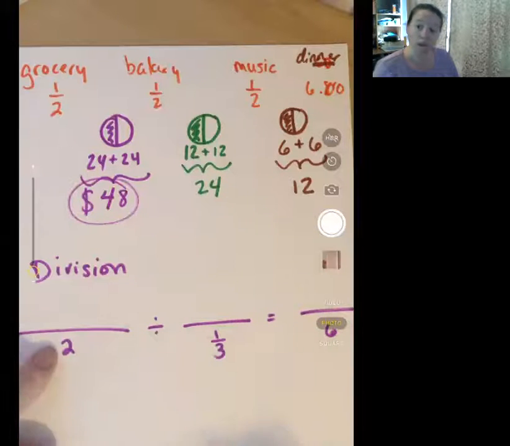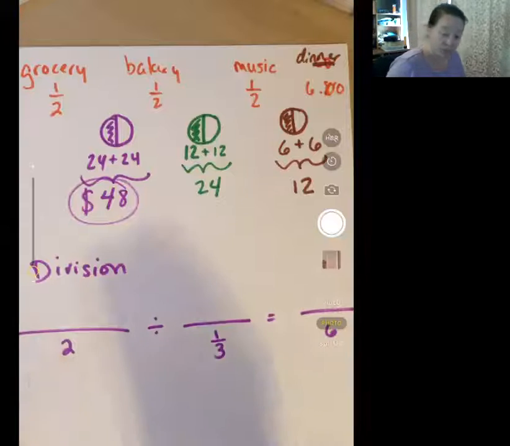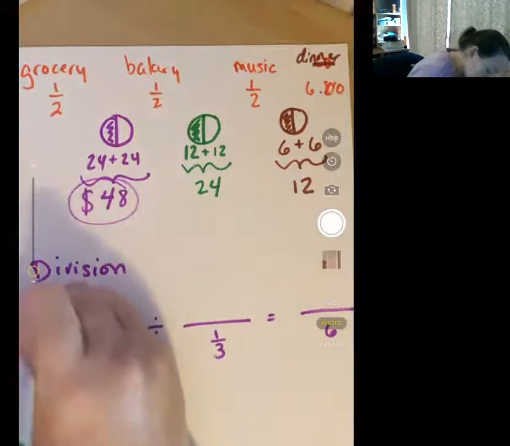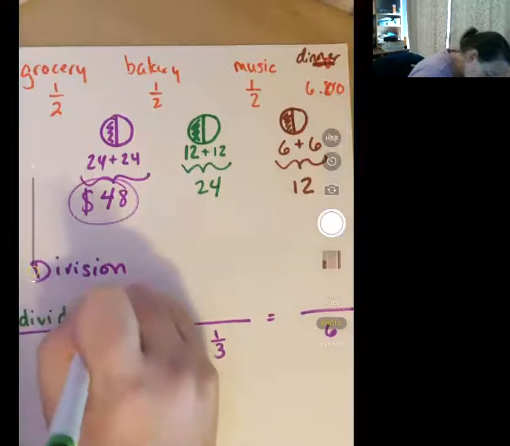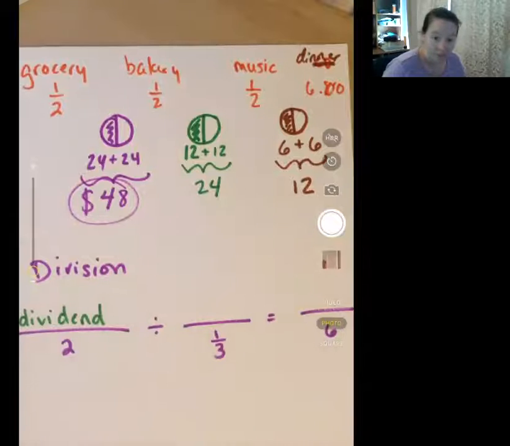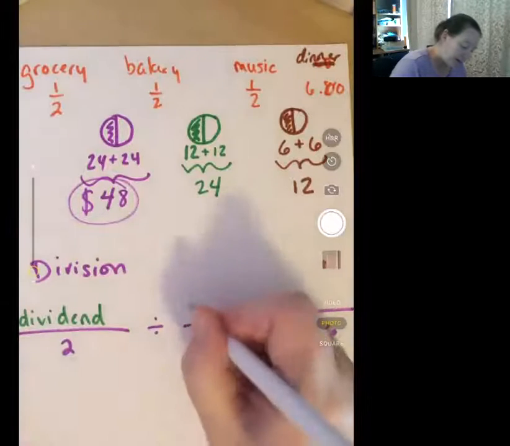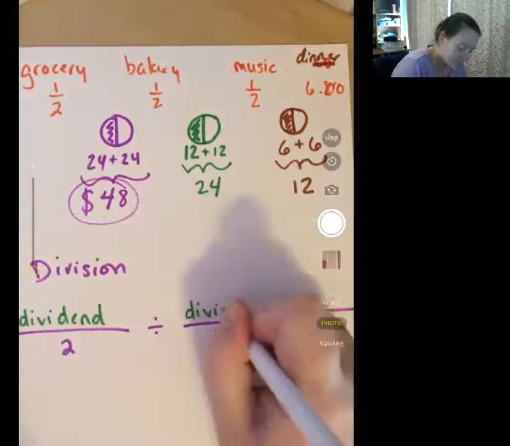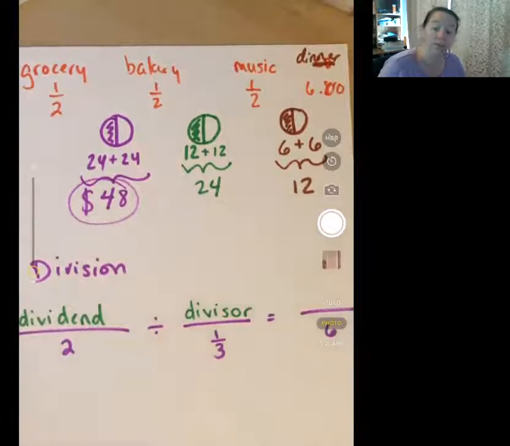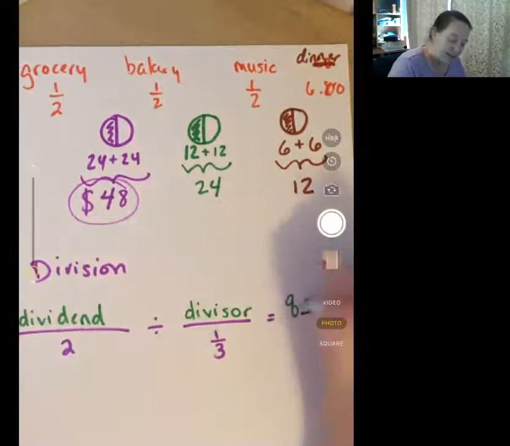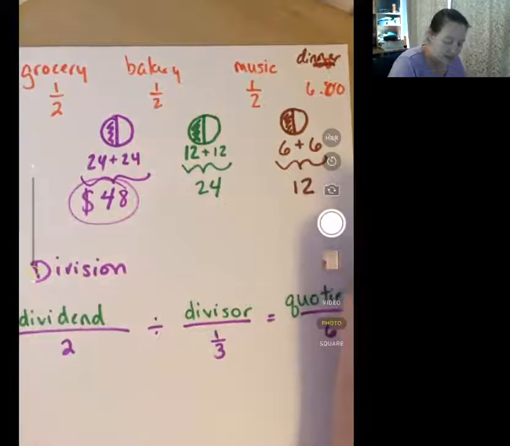First thing, the whole number that we're dealing with is the dividend. Then, out of the dividend, we take the divisor. So that is, what am I dividing by? That's the divisor. It ends up giving us a quotient.